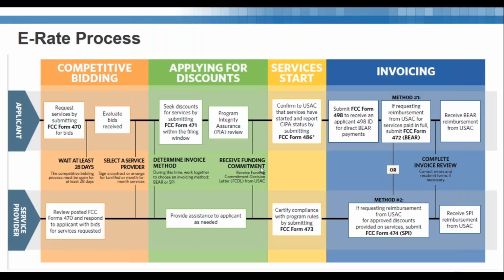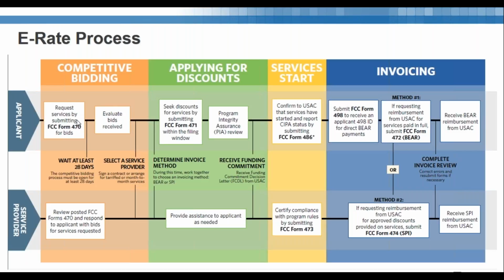Form 471 is really a detailed documentation of what services and products we are going to be asking for E-rate funds for. As a service provider, it's really important to help your applicant fill these out because they need to make sure that they have good descriptions and understanding of the price for the services that they're applying for E-rate funding for.